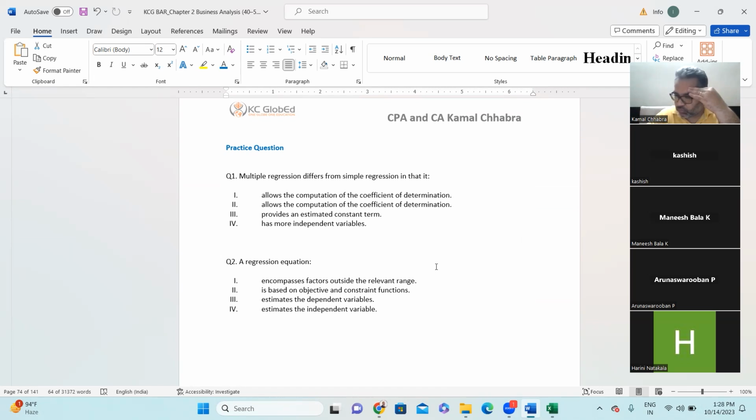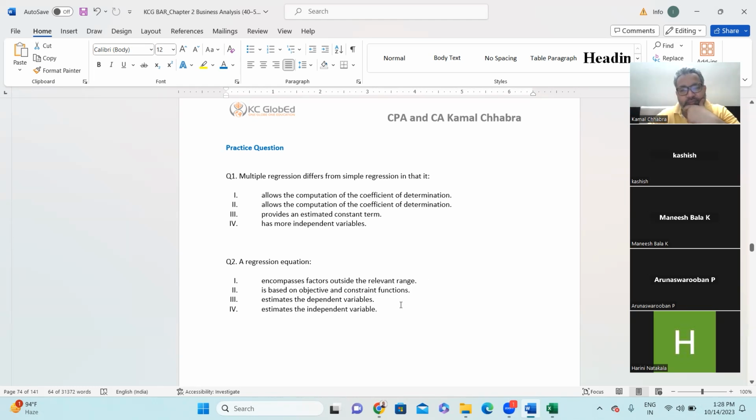Within the range, right. So the first option is incorrect. Second is based on objective and constant function. Is it based on some objective or constant function? No, sir. Right.